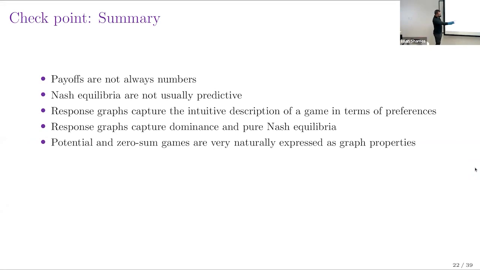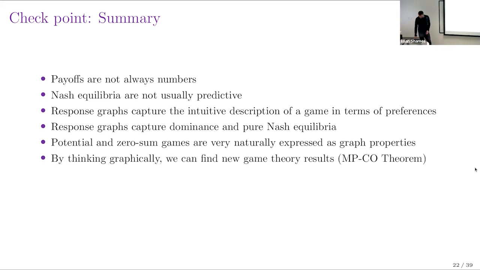And potential and zero-sum games are naturally expressed as graph properties, as I said, in terms of those subgraphs. And by thinking graphically, we can find new game theory results. For example, that matching pennies coordination result is new because we are relating some game properties to some discrete math object properties.